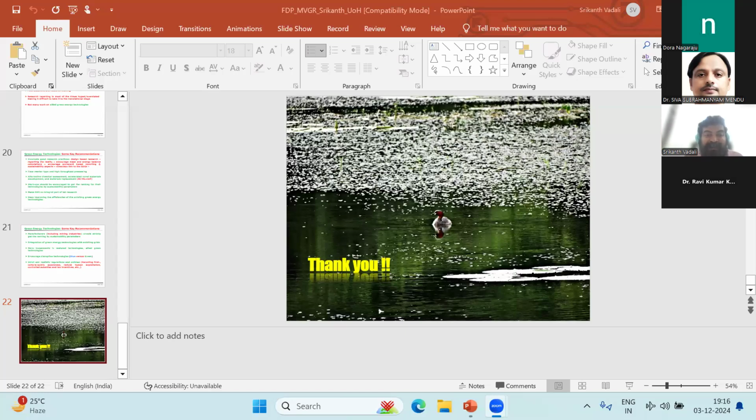Life cycle analysis one, life cycle analysis two, something like that, because it's so important now. Even before doing anything, you have to do a complete life cycle analysis for any technology.